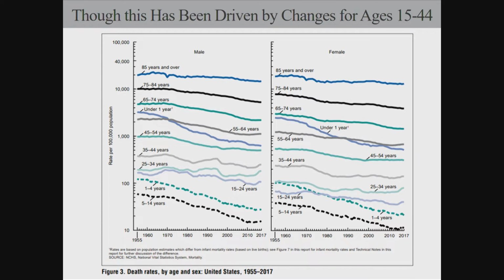So what this figure shows is year on the horizontal axis, and on the vertical axis is the death rate. And it's done on a log scale so that the jump from 100 to 1,000 is the same as the jump from 1,000 to 10,000. And basically it disaggregates the population into about 10 categories, including 85 and over and 35 to 44 and so forth.